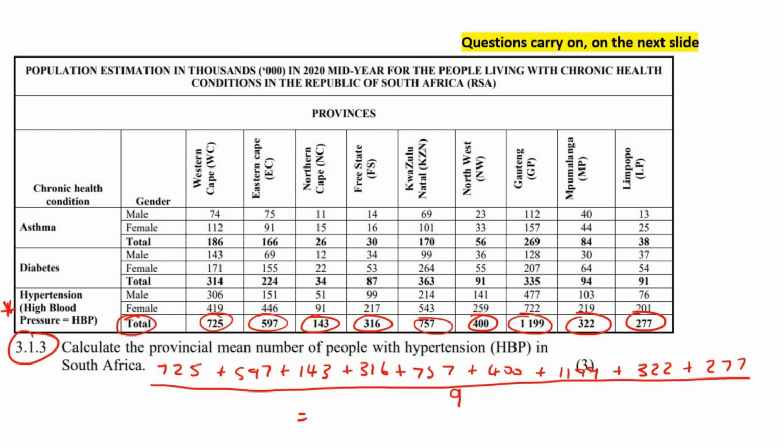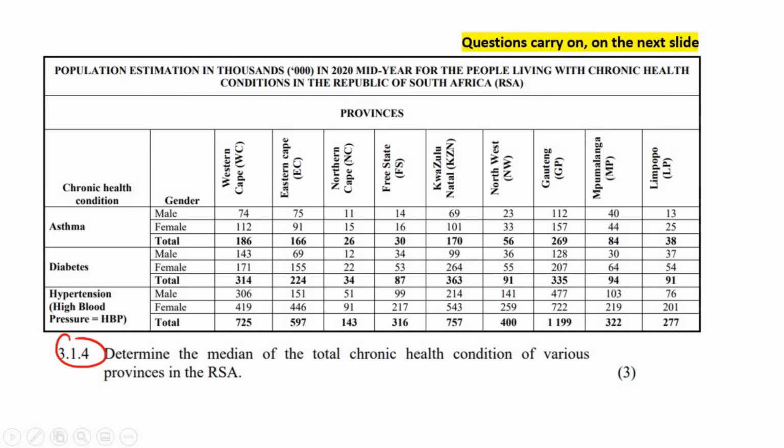And if you had to go work this out, that would give us, now don't round off, 526.22222, and it just goes on and on and on. Then we need to change that to the 1,000, so we just multiply by 1,000. And then if we round this to two decimal places, it's 526,222.22.